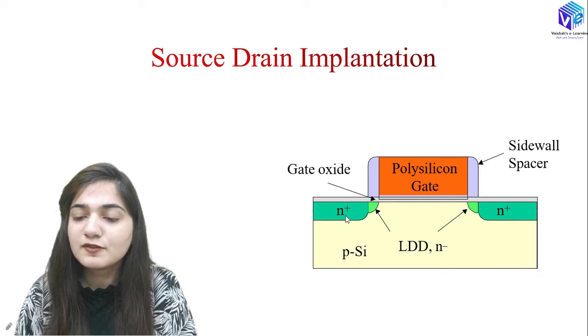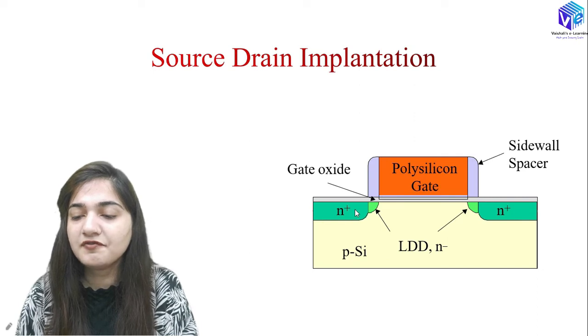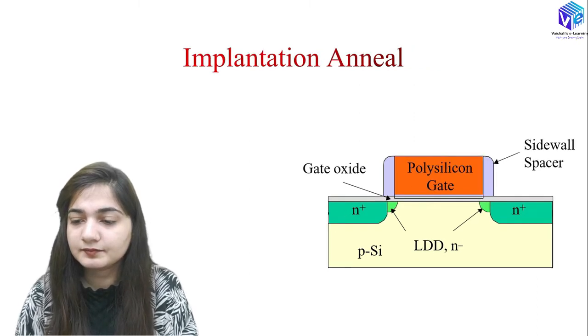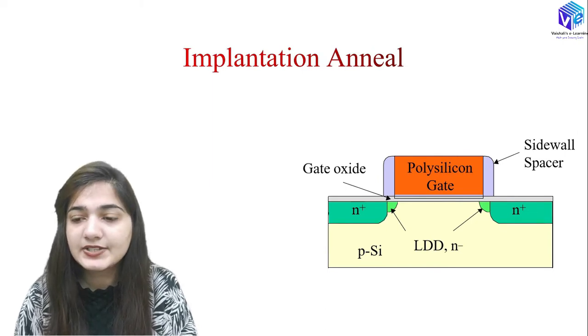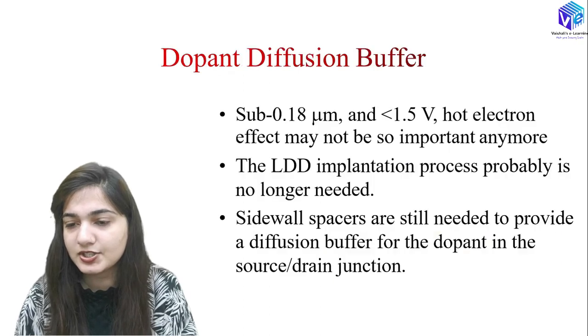So for the N+ formation we are using the high energy, high current ion implantation, which will be forming the high concentration of N region inside this P type of silicon. So you can see after that we are going to have the implantation annealing with the help of high temperature.